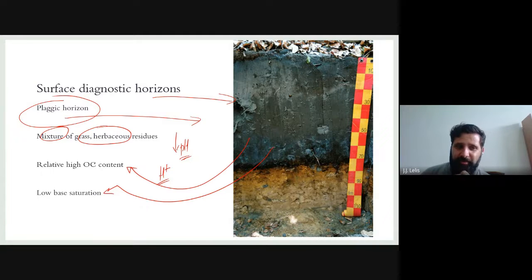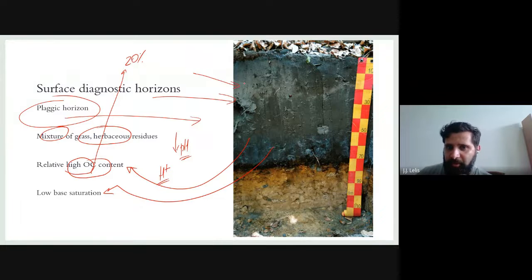Again, please don't forget that this high organic carbon should be lower than 20%, because if we measure an organic carbon content like 25% or 22%, then this horizon is a folic or histic horizon. It's not a pelagic one, okay?